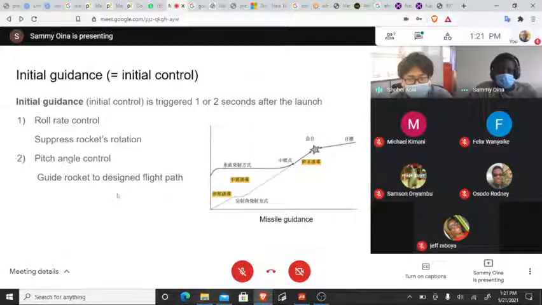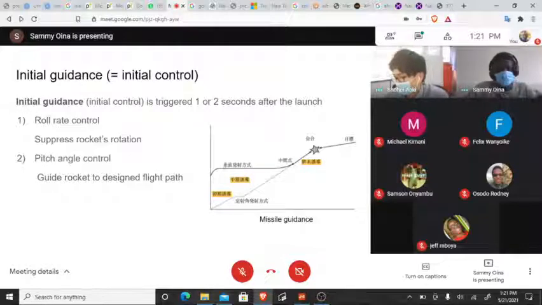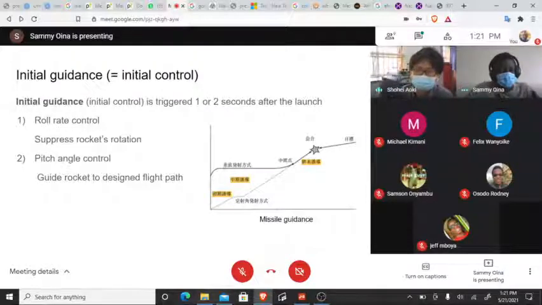Again, I was researching basically the initial guidance or initial control. What is the initial control? This initial control is triggered one or two seconds after the launch. What is the problem of the rocket? Once the rocket is launched, it is going to rotate.